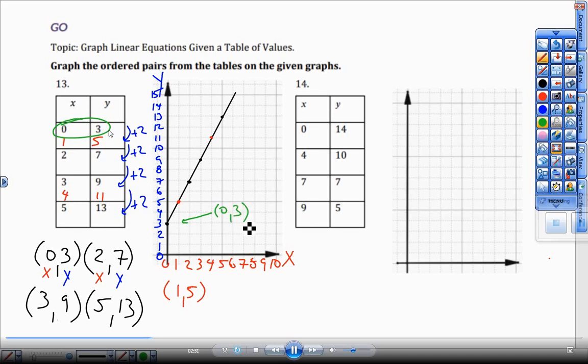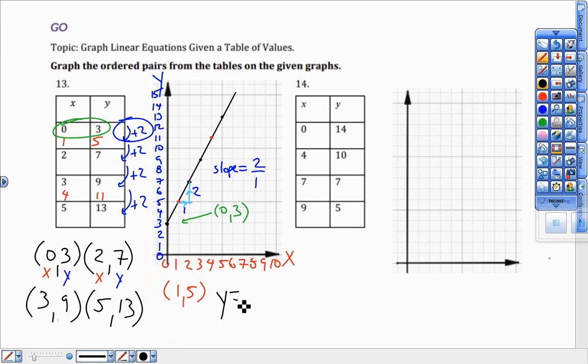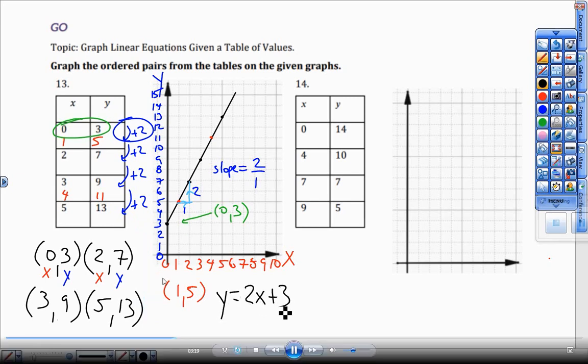The y-intercept 0, 3 on the graph, the y-intercept on the table. The slope over 1 for x, up 2 for y, put together as rise and run, 2 over 1. That's the slope of this line, or how much it's increasing by, the rate of change. That matches this. And again, if you were to write that equation, it would be y equals 2x plus 3.